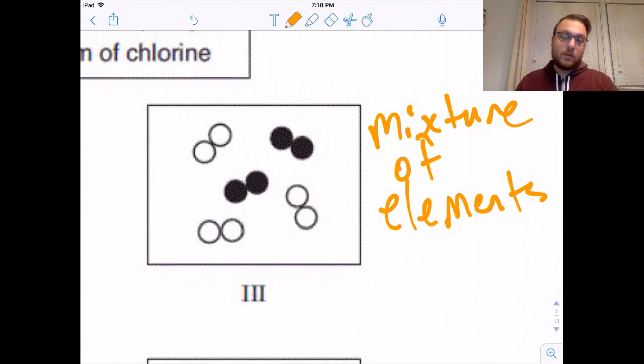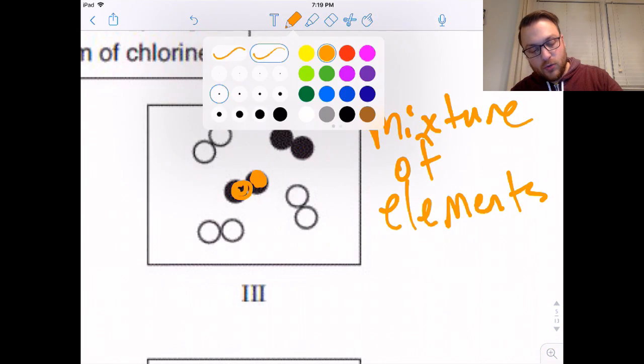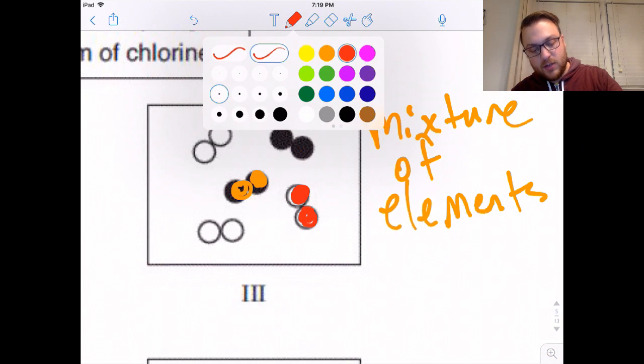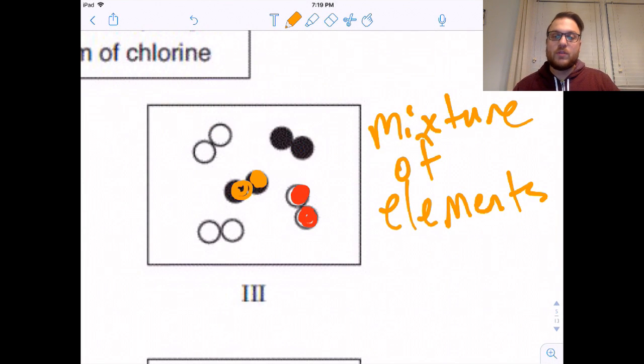Second thing I would say is that you have a mixture of elements because they are bonded to themselves. It's the same element bonded to itself, which makes it an element. More specifically, it's a molecule, but the Regents in June would classify these as elements because you don't see anything different.